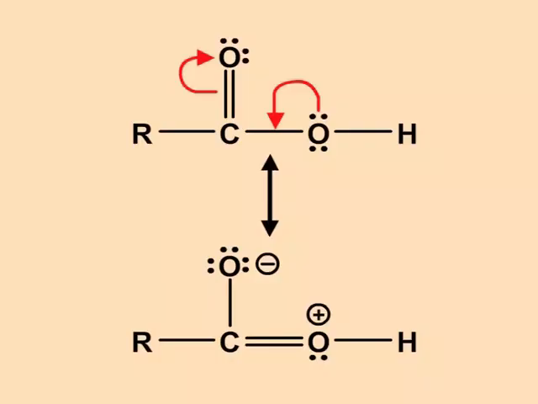Explain. And the answer is, the carbonyl group in carboxylic acid is not a free group as in aldehydes and ketones. It is involved in resonance. Therefore, carboxylic acids fail to give the characteristic reactions of the carbonyl group as are given by aldehydes and ketones.